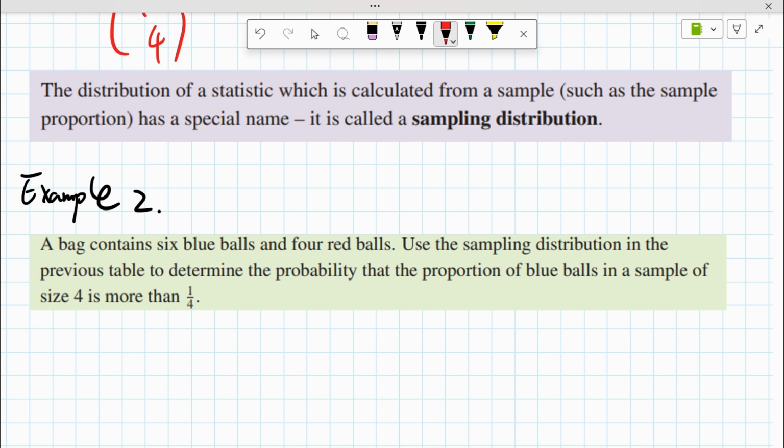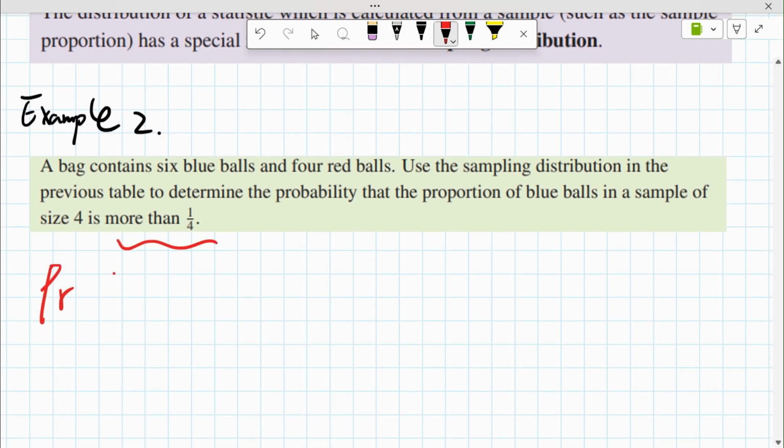Which means more than a quarter, not equal to a quarter. So we can calculate the probability of the sample proportion greater than a quarter.